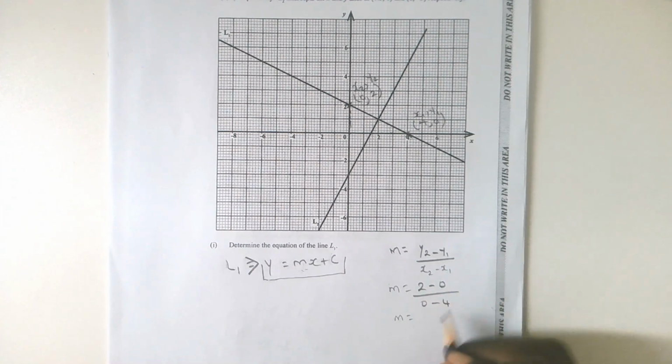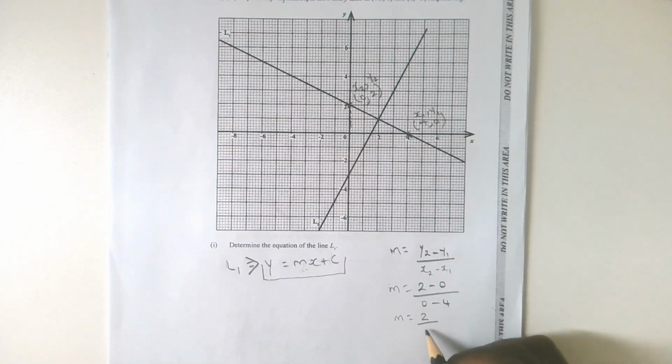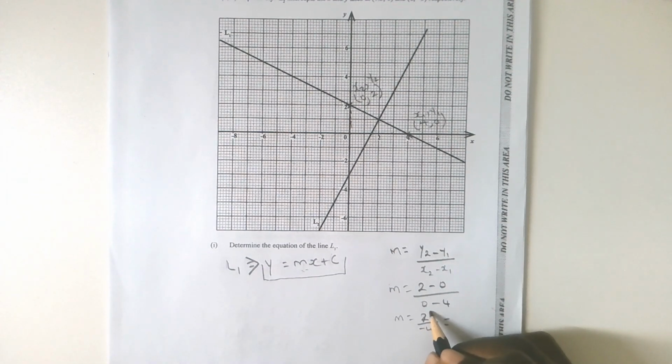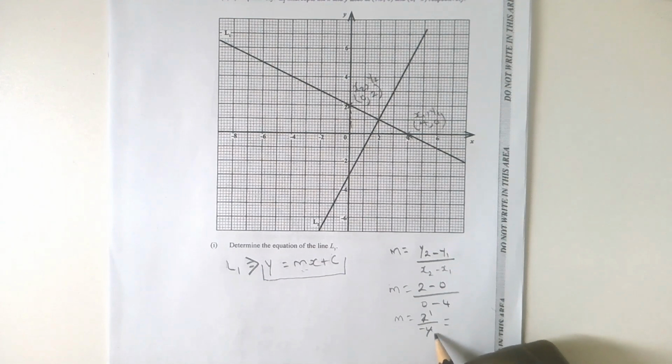Our m is equal to 2 minus 0 gives us 2, and then 0 minus 4 gives us -4. Simplifying that, 2 into 2 is 1, and 2 into 4 gives us 2, which gives us our answer as -half.